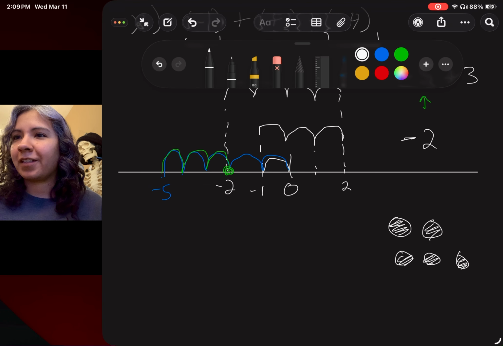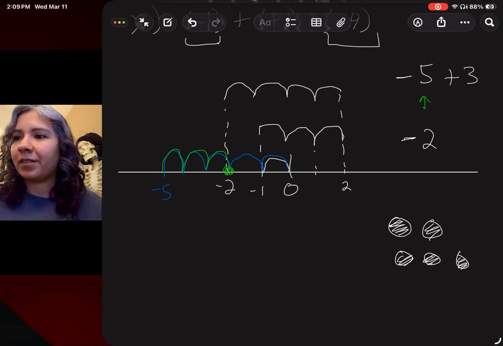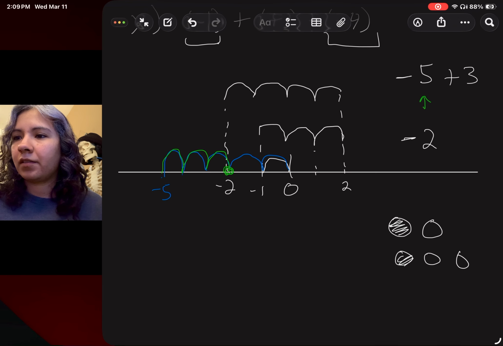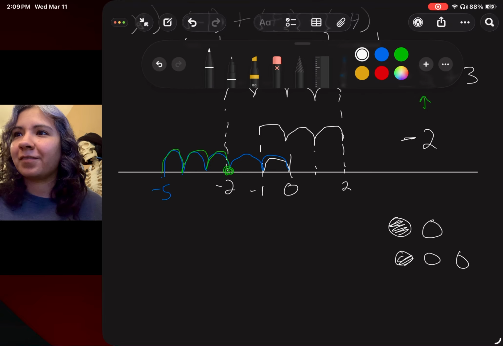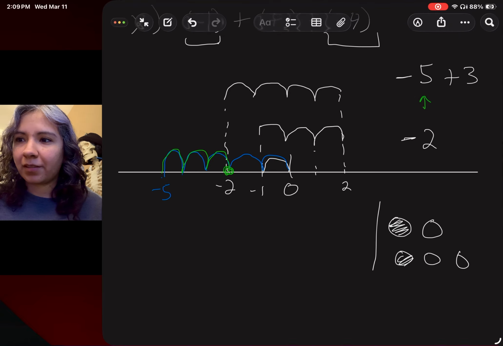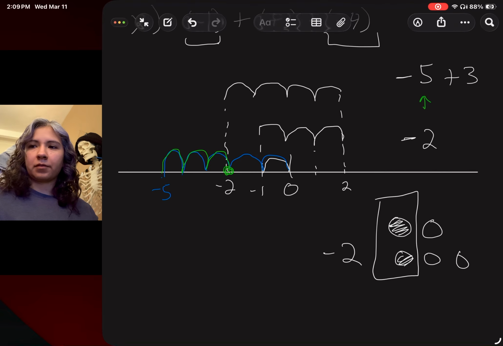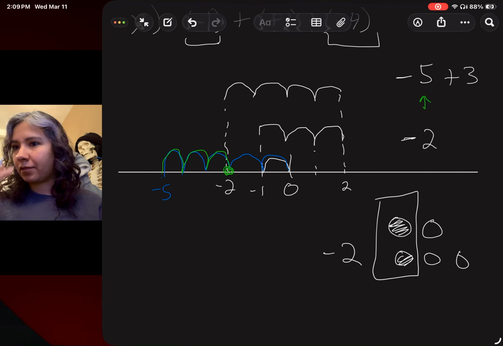So we're going to take away 3 of these circles, right? So that's going to leave us with 2 filled circles for the -2 because we had more filled circles than unfilled circles.